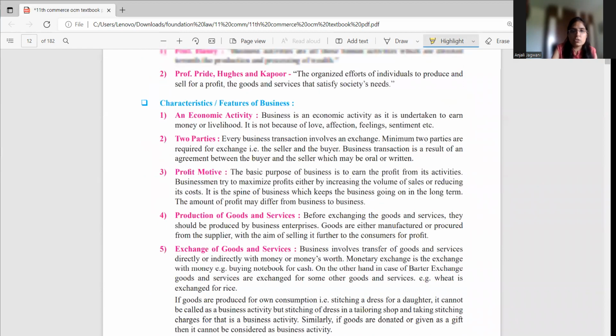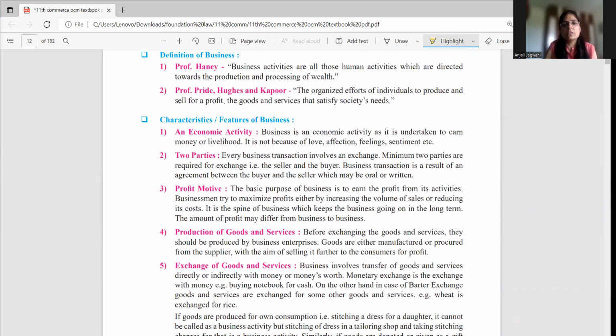Now there are two definitions of business given over here. The first definition, stated by Professor Haney, is that business activities are all those human activities which are directed towards the production and processing of wealth. So human activity, we have seen first only that every human is performing an activity. It is either an economic activity or a non-economic activity, and when it is an economic activity, that is a business activity, and this business activity is just to earn profits, just to earn wealth.